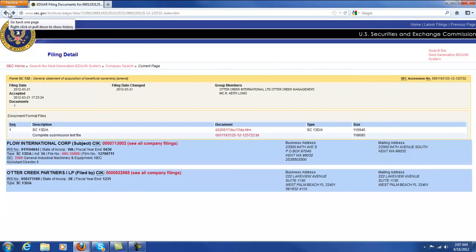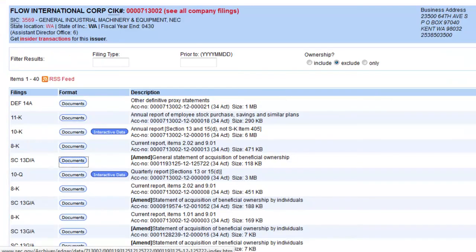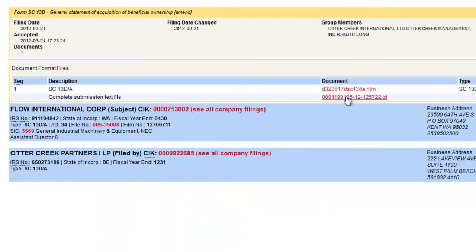Now, one thing I like to do is, when I look through a company that I'm interested in, I look through the list to see if there are any Schedule 13Ds filed, because it tells me if there are other investors that are possibly seeing what I'm seeing. And when I click on this, I don't have to go inside the document to see who the investor is.